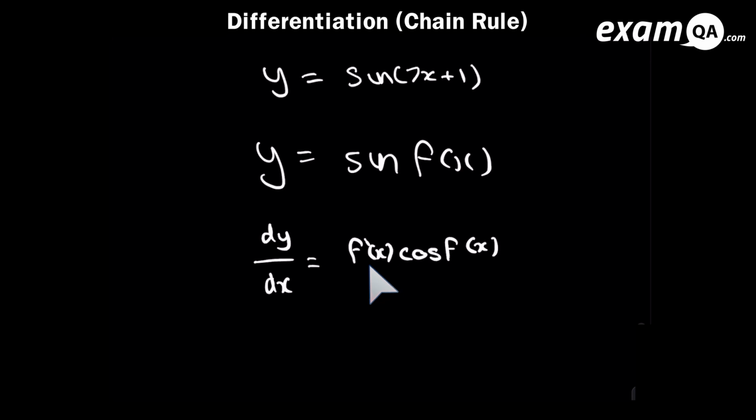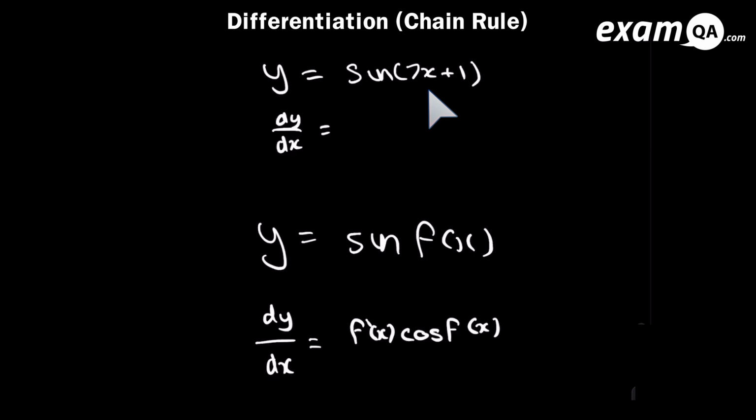So looking back at the sine of 7x plus 1, we know it goes to cos of 7x plus 1. So this should go to cos of that function. Now we also multiply it by the differentiation of that function, that's 7x plus 1. And the differentiation of 7x plus 1 is just 7. And that's how you expect to do it in one step. You don't show all the chain rule steps.